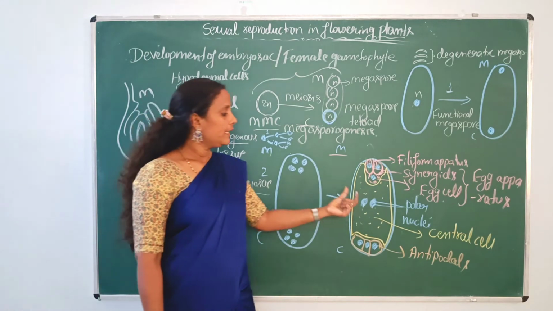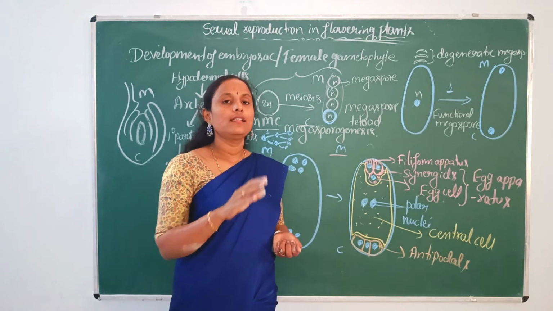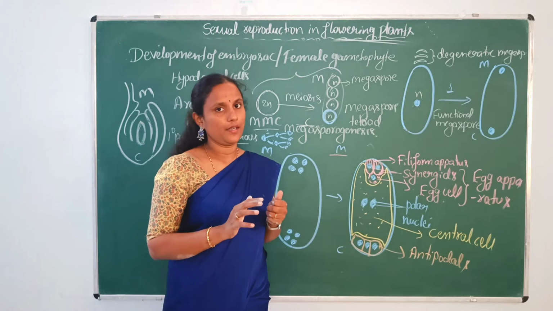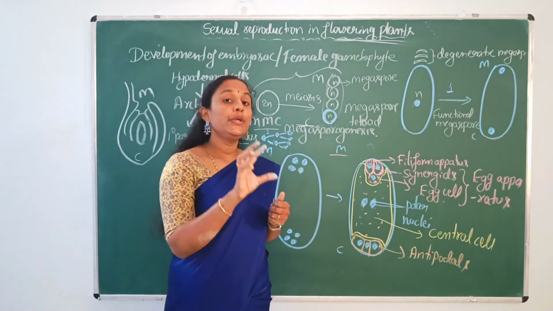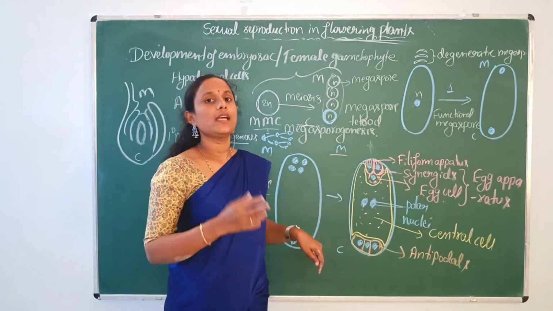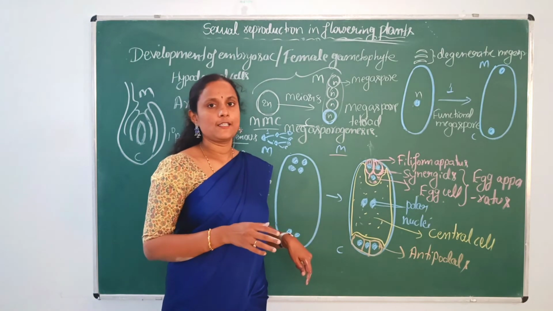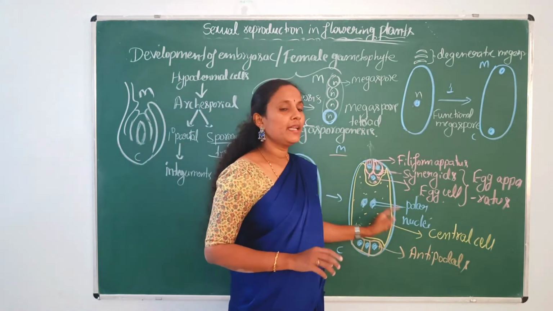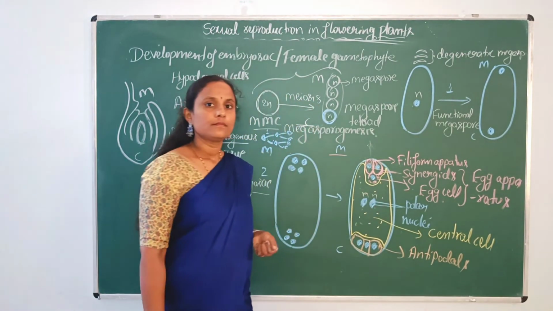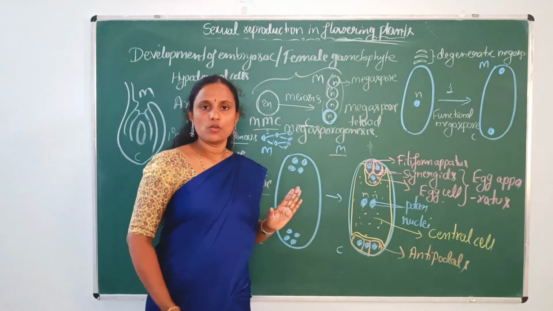And remember, these two polar nuclei will not fuse until fertilization. Only during fertilization or after fertilization. That is, during the entry of the pollen tube into the embryo sac they undergo fusion, or it may take place after also in some plants. Till then they are separate, that is n and n. Now this is the complete structure of an embryo sac.